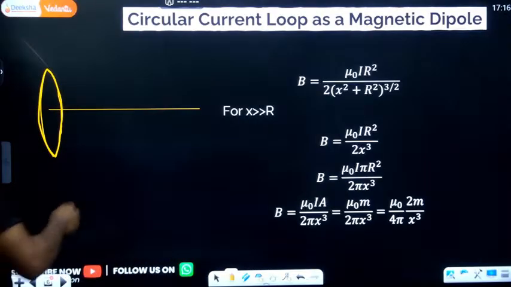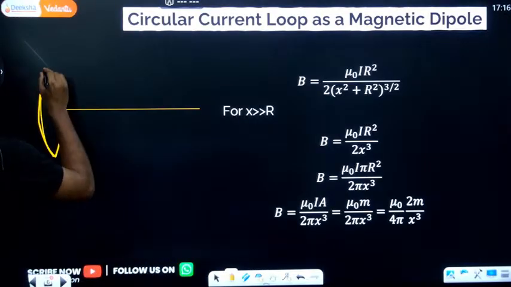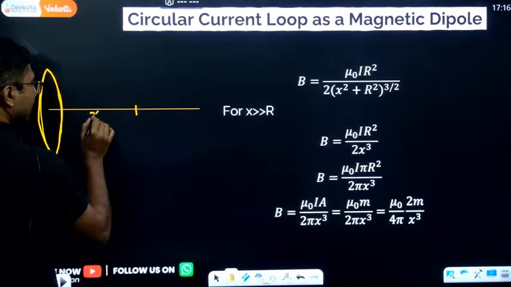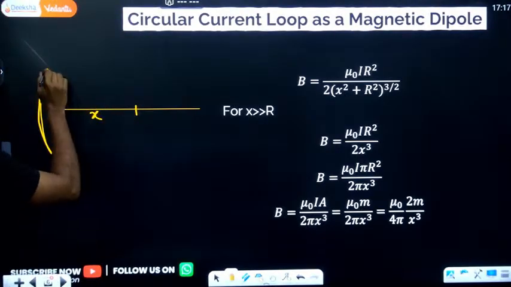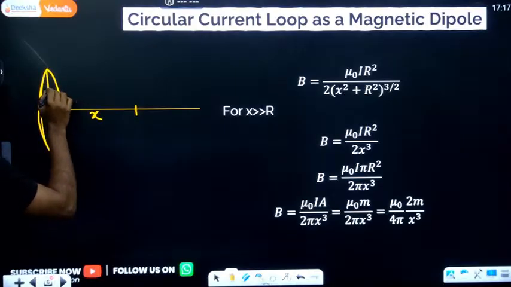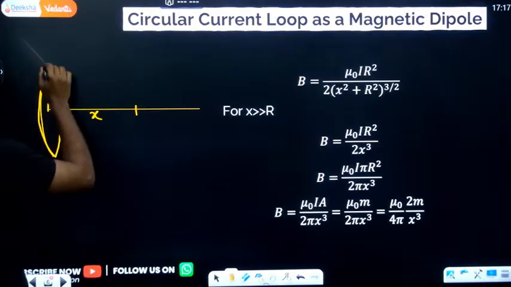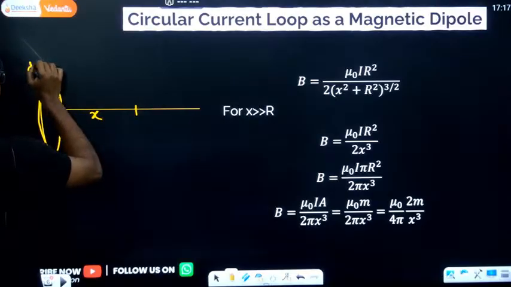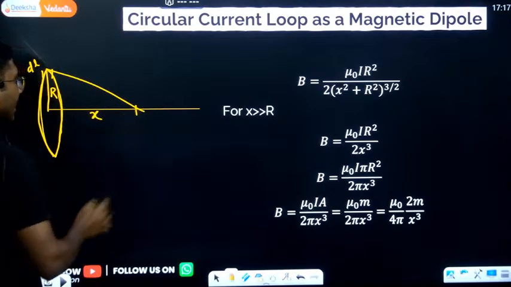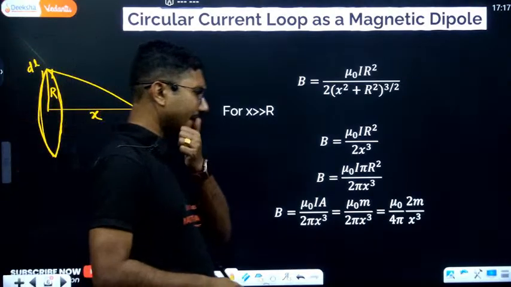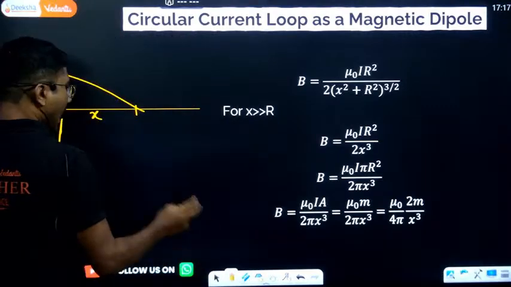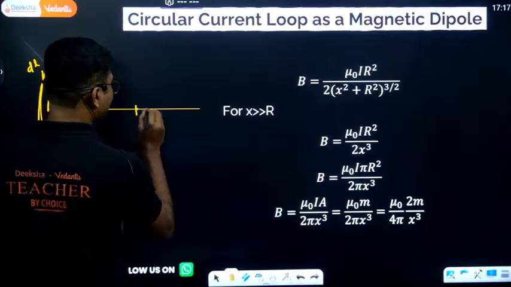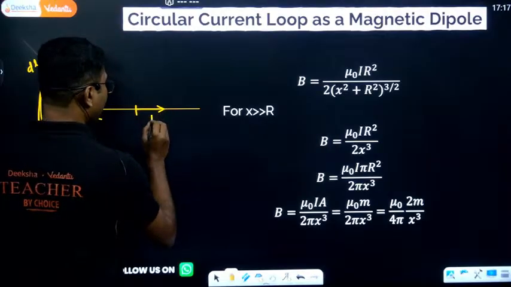So here we have a current carrying loop, and we are trying to find the magnetic field at a distance x from the center of the loop. The radius of the loop is given by capital R. We did that derivation, right? We took a small portion dl over here, applied Biot-Savart's law, calculated the magnetic field, and then we realized that the magnetic field exists only along the x-axis.